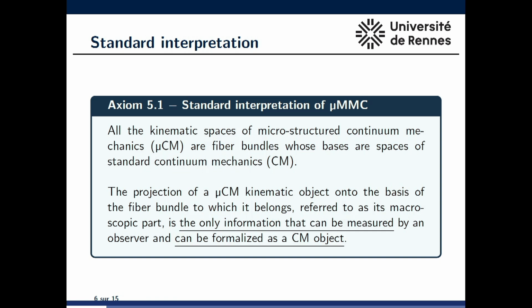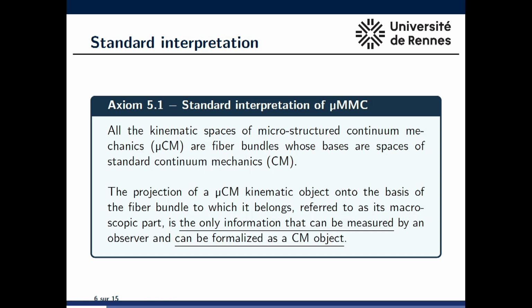The second one is that the only thing that one can measure about this object is the projection onto the base of the fiber bundle, or the shadow for morphisms, which we call the macroscopic part. And the last one is that those macroscopic parts can be expressed as kinematic objects of the classical continuum mechanics. So everything is in a fiber bundle. We can also only see the macroscopic parts, and those macroscopic parts are the usual stuff of the continuum mechanics.